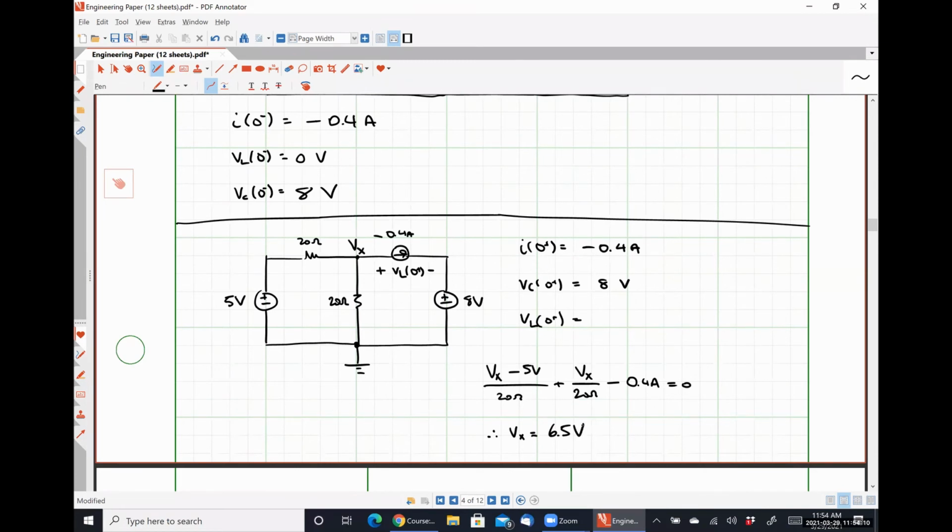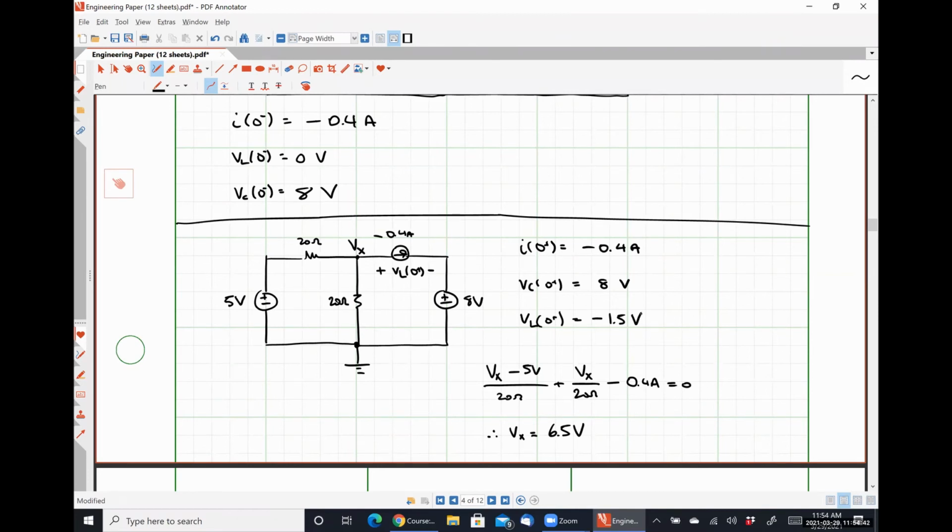Anybody else get that? Or are we willing to trust this gentleman's ability to use his calculator? You got it too? All right, so 2 of us got it. Good enough for me. What is VL now that we know Vx? Right, so it'll be Vx minus 8 volts, which is negative 1.5 volts. All right, seems groovy to me.